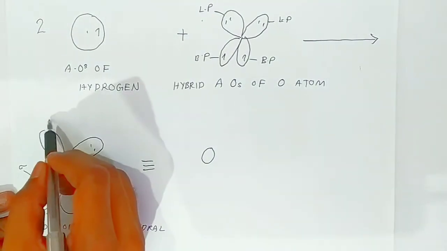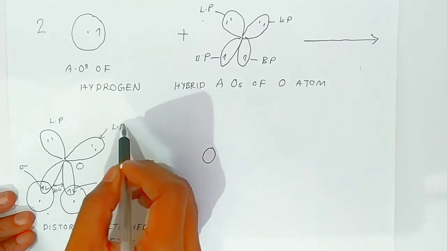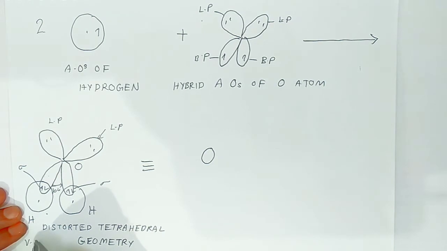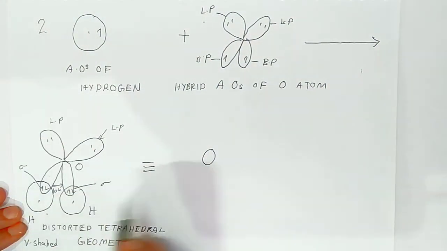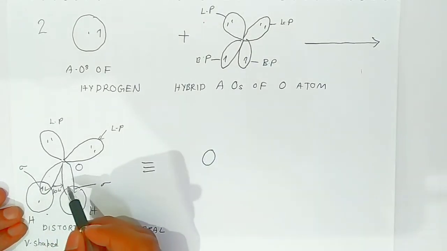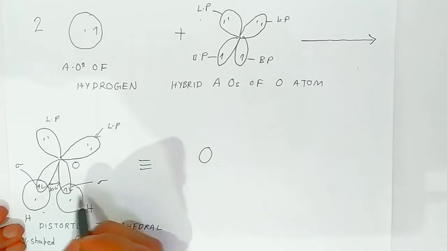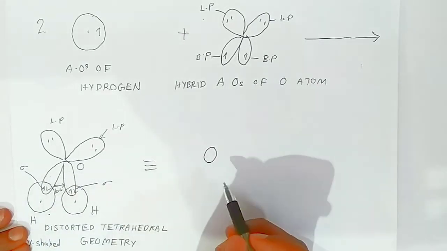Here, lone pair repulsion is more, that is why the structure is converted into V-shaped. This is the orbital diagram I have shown already: lone pairs, and these are the bonding pairs. The bond pair to bond pair angle becomes 104 degrees.